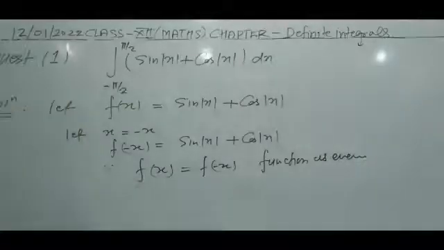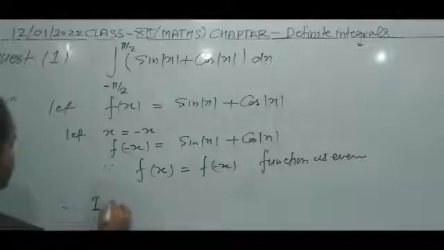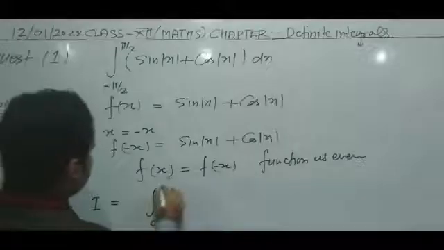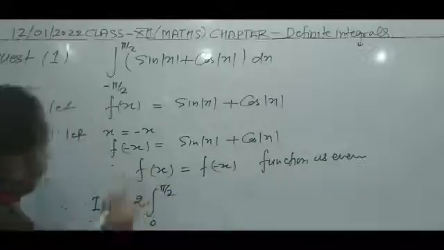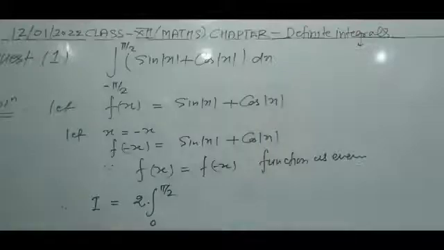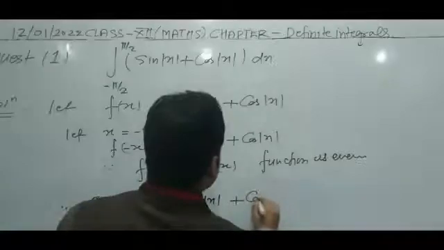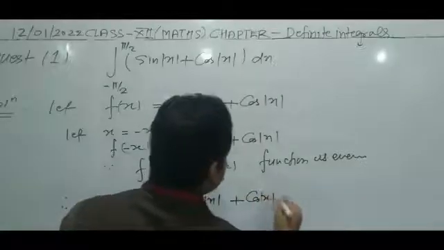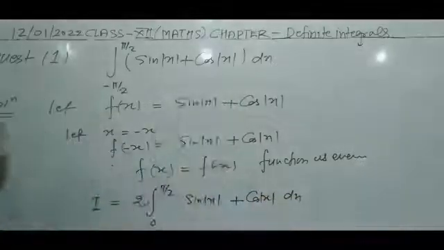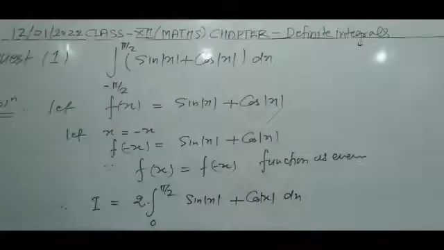So in this case, we can write the integration, therefore I is equal to 2 times the integration from 0 to pi by 2 of sine of mod of x plus cos of mod of x dx.